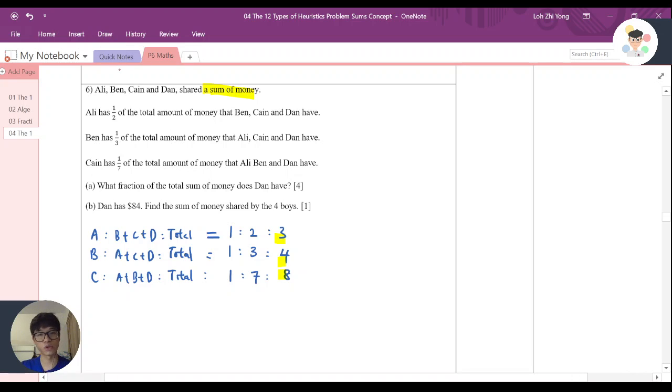So what we can do to make it the same is find the lowest common multiple, and in this case it is supposed to be 24. Why? Because 3 times 8 is 24, right? So now we need times 8, times 8, times 8. For 4 I need times 6, 6 times 6, and for the last one I need times 3, times 3 and times 3.